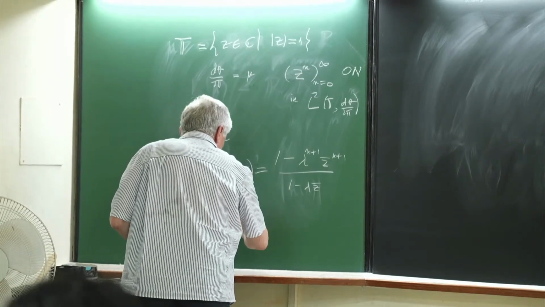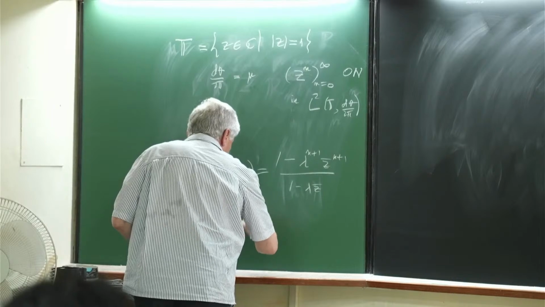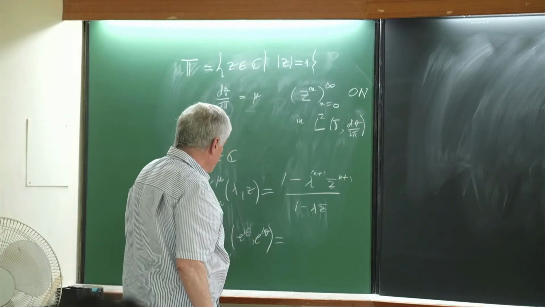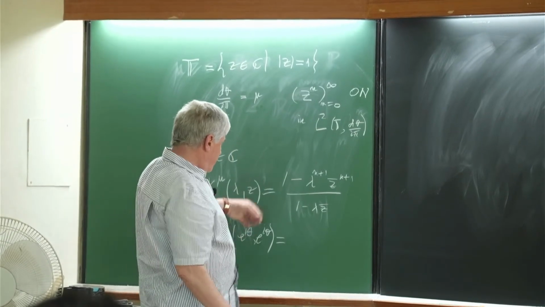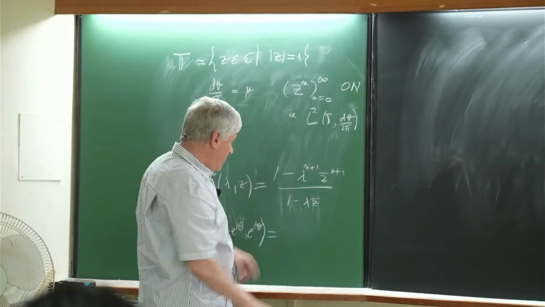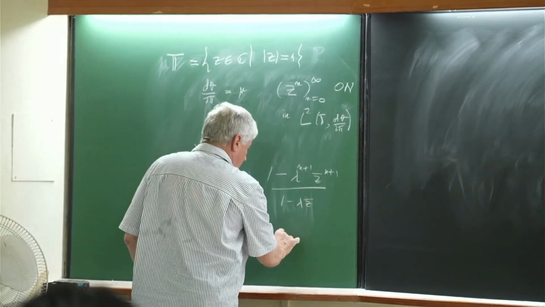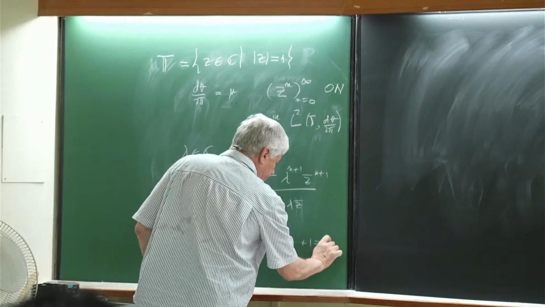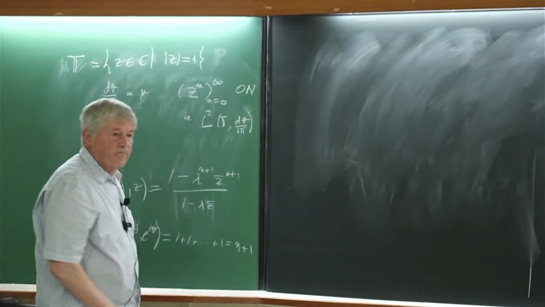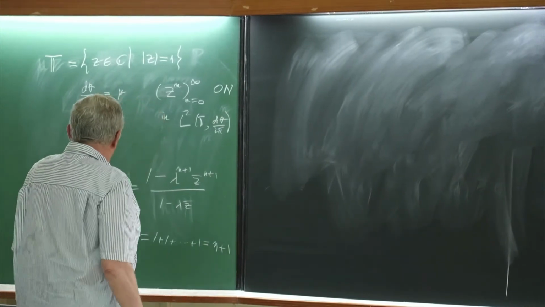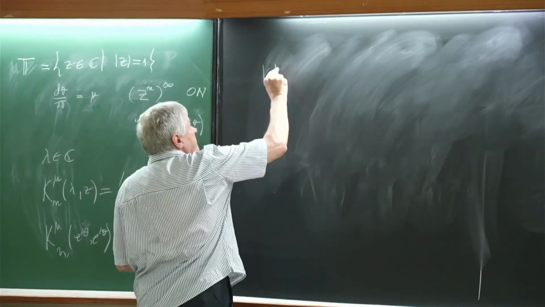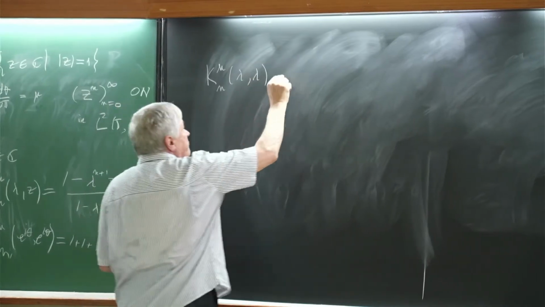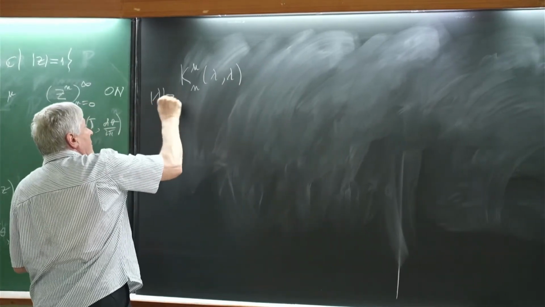On the diagonal, and first, on the support of the measure. Well, I have to pass to a limit, and it will be 1 plus 1 plus 1, n plus 1 times. You agree with me? Let's evaluate this outside the disk.